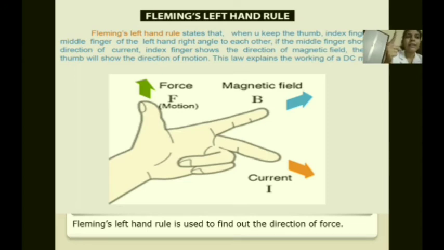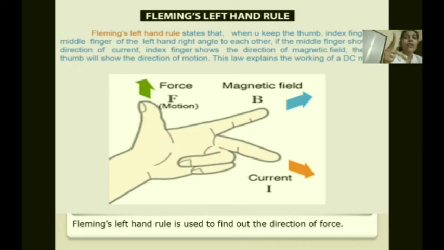Next, your middle finger should point towards the direction of current. So what is the direction of current? Yes, from positive to negative.